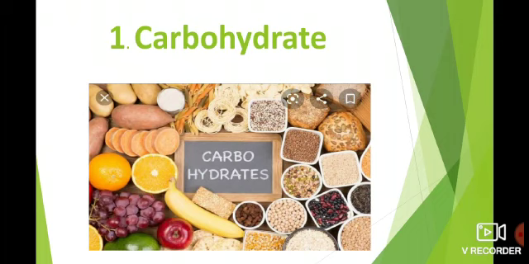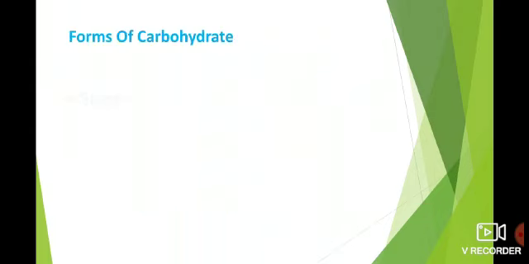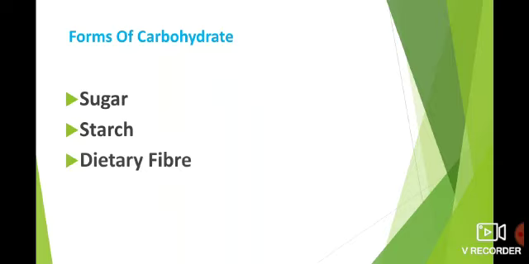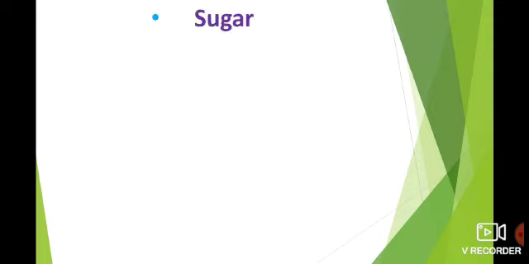During digestion, they break down into simple food substances such as sugar, starch and dietary fiber. These 3 are the forms of carbohydrate.